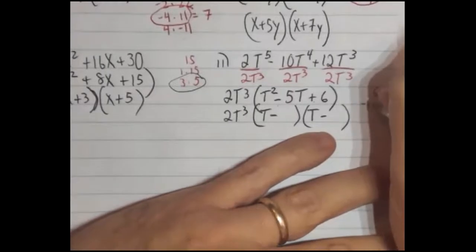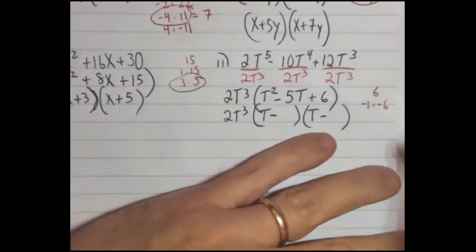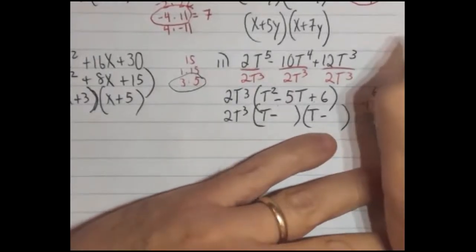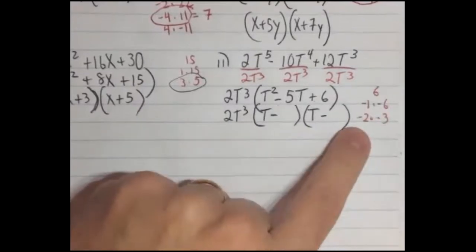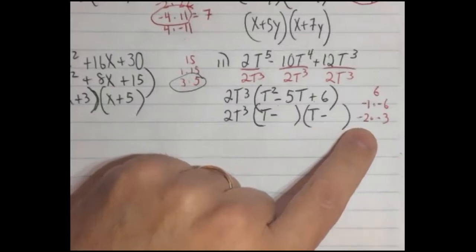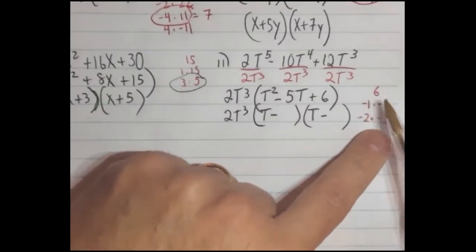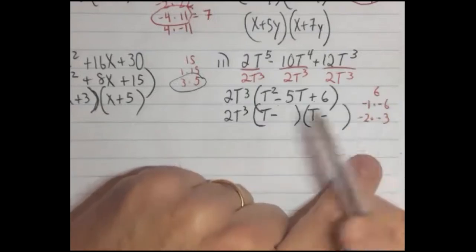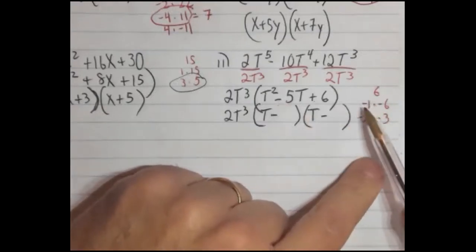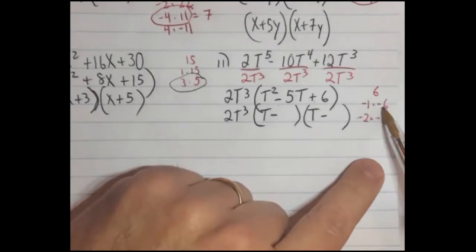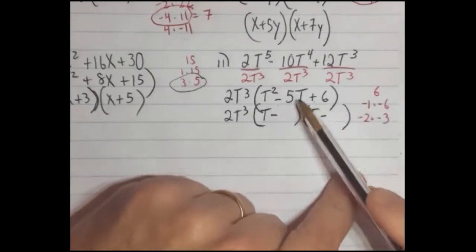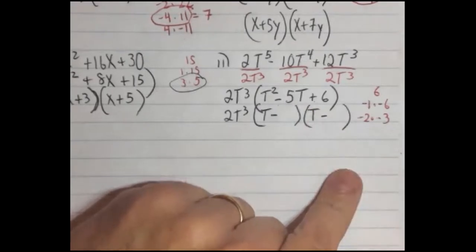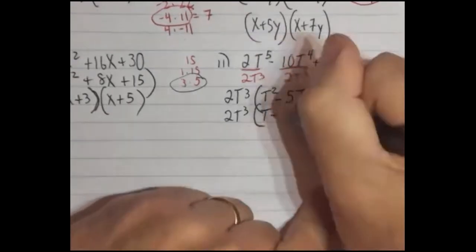So we're going to go -1 times -6, and then -2 times -3. Which ones will add together to give me -5? When I add -1 and -6, that gives me -7. But when I add -2 and -3, that gives me the -5. So we know it's -2, -3.